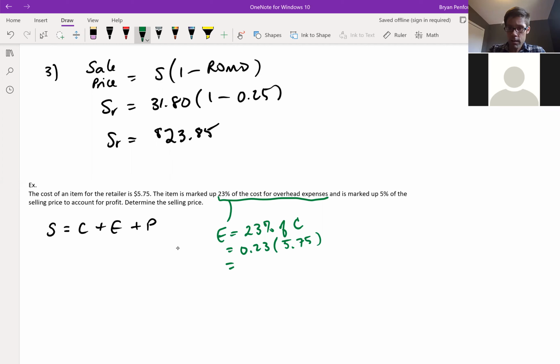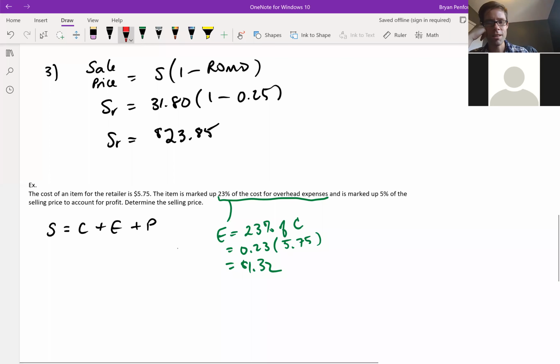So we do know the cost in this case, so we can multiply $5.75 by 0.23. That will give us $1.32 by the looks of it. Let's round that to 2 decimal places here.